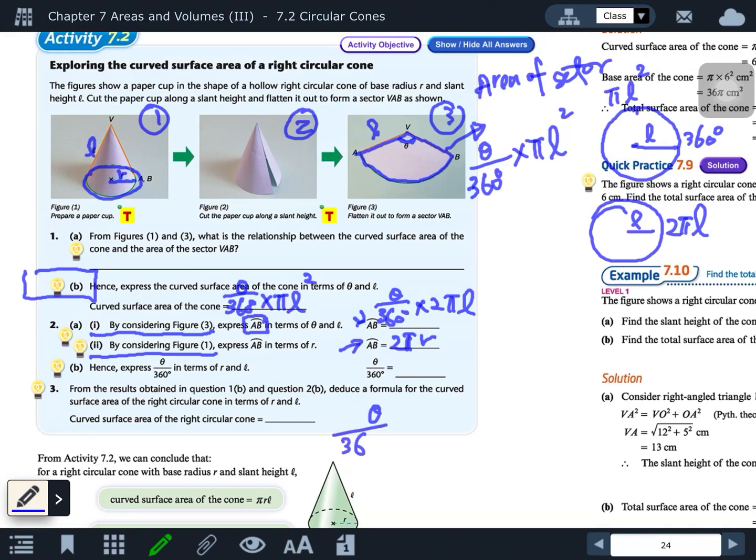Theta over 360 degrees times 2 pi L equals 2 pi r. Let's simplify this. We cancel the pi on both sides, and cancel 2 on both sides. So the left-hand side we get theta over 360, and the right-hand side we get r over L.